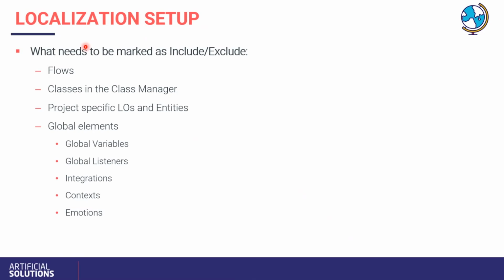There are some things that you can mark as include exclude. So you can see here, all these are the ones where you get to decide if they should be included or if they should not be included.